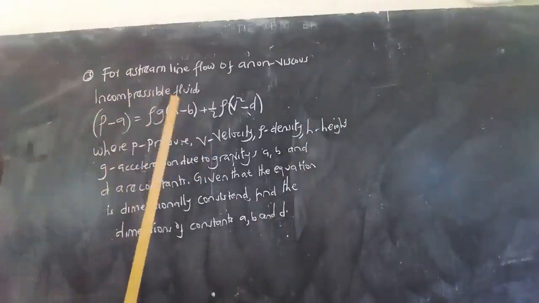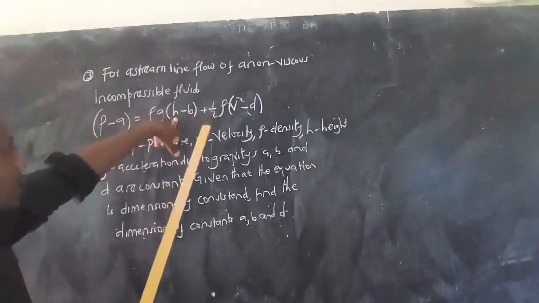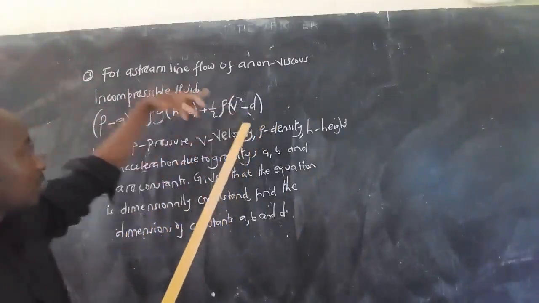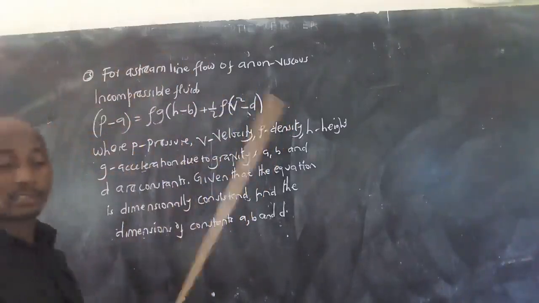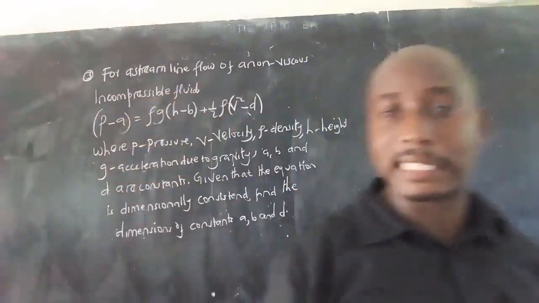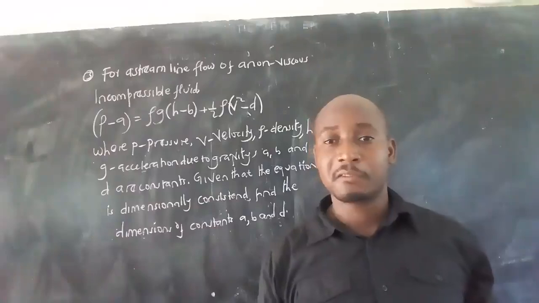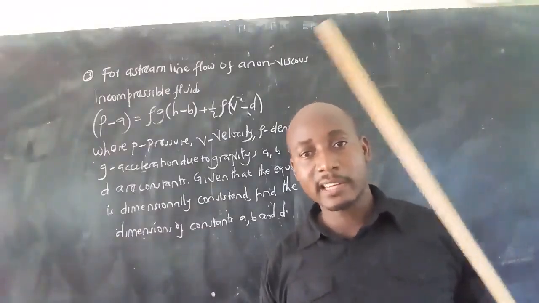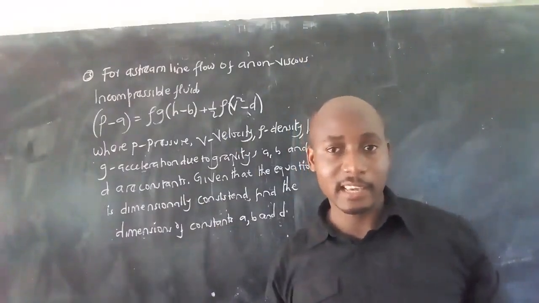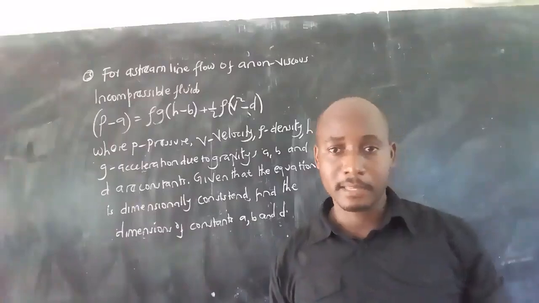Here P is pressure, ρ is density, g is acceleration due to gravity, h is height, v is velocity. Let's say that A, B, and D are constants. If the equation is dimensionally correct, use dimensional analysis. Find the dimensions of constants A, B, and C.